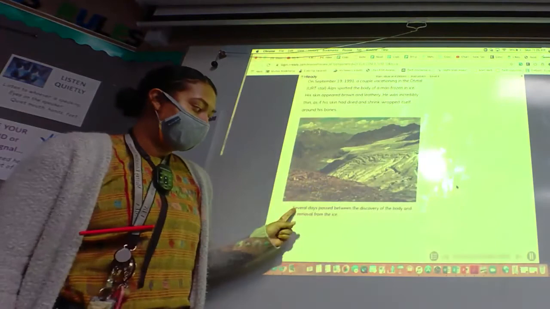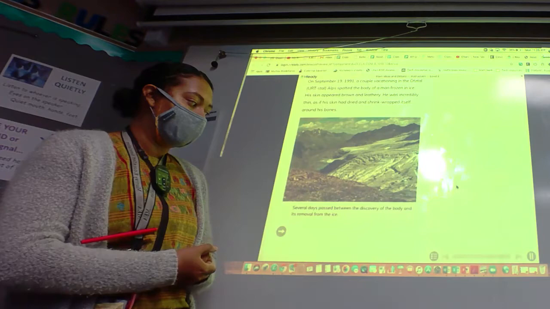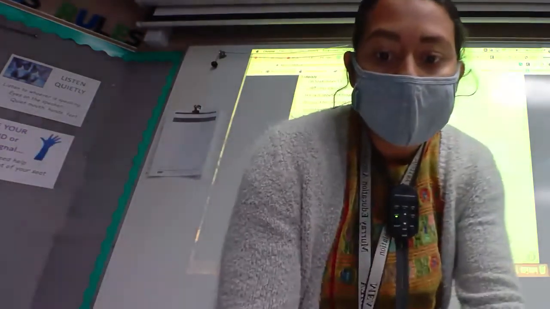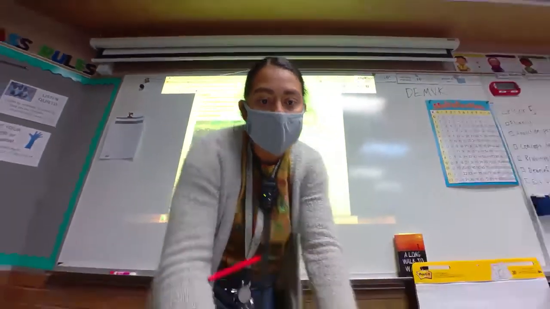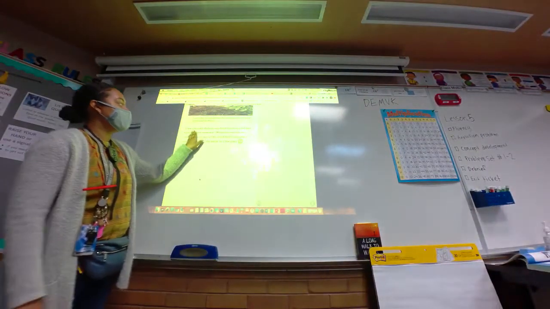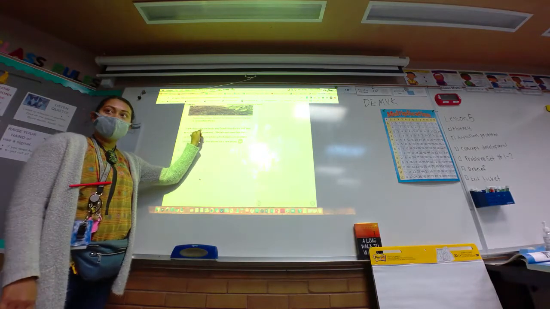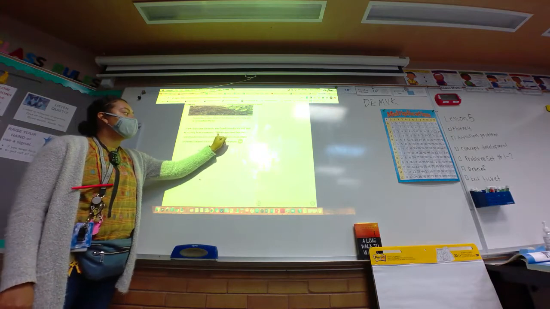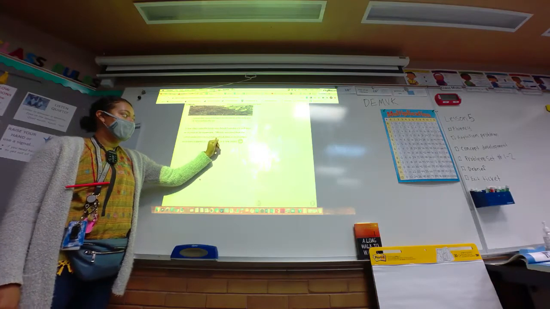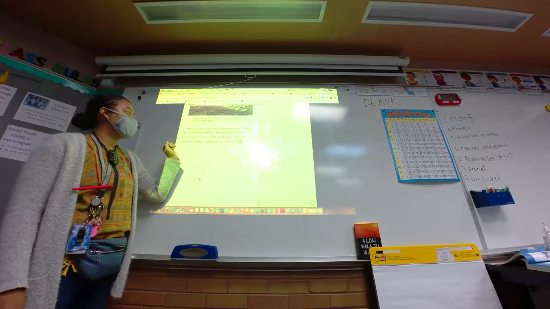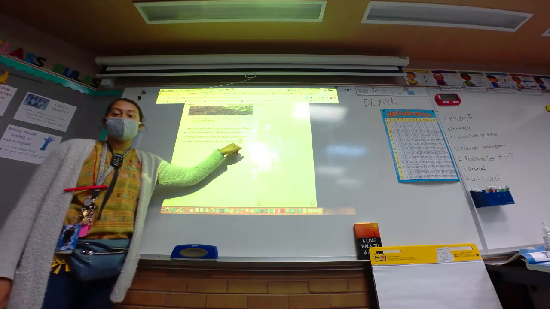Here's a picture. Several days passed between the discovery of the body and it being removed from the ice. A few days later, the body was freed from the ice and sent to Austria to be examined. Officials assumed that the unfortunate man was a hiker who'd died in an accident and been trapped in the glacier for a few years.